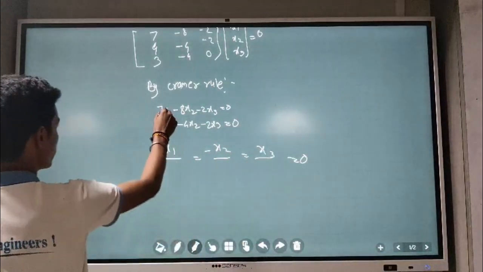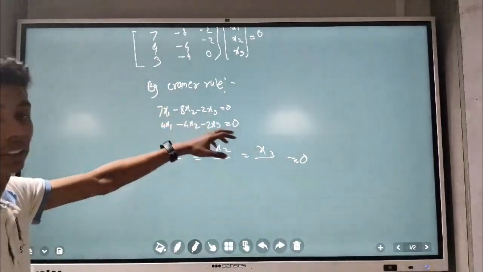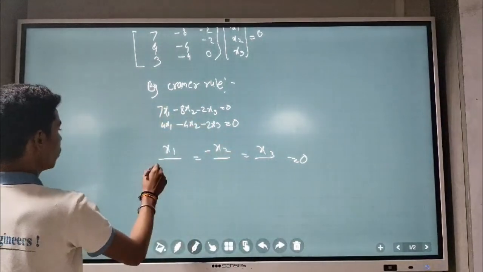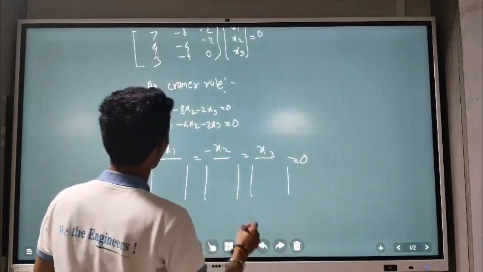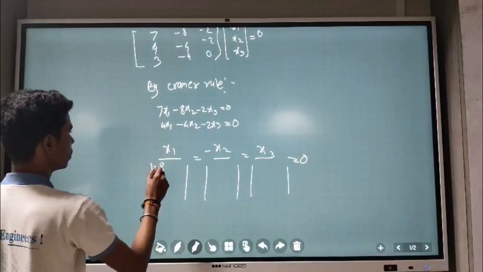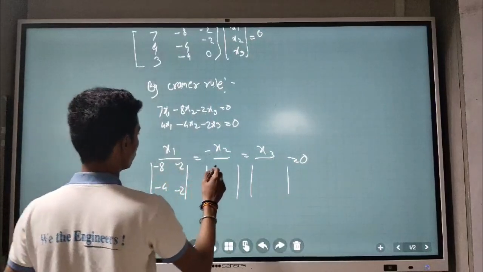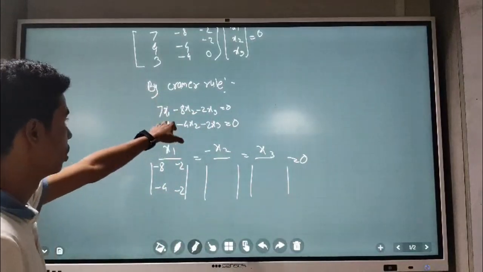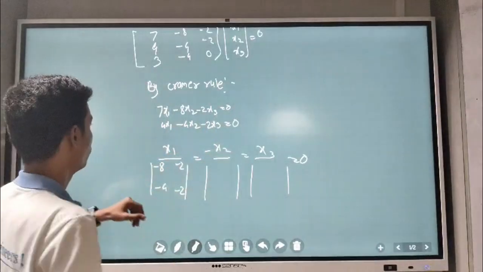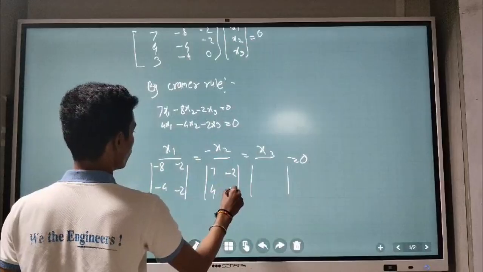Then we solve for x1. The remaining x2 and x3 are the values. We solve this equation. We take minus 8, minus 4, minus 2, minus 2. Then we drop the x2 column and take only the x1 and x3 values, like 7, 2 and minus 2.